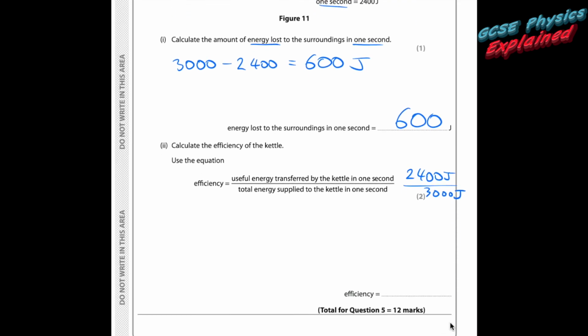And that comes out as 0.8. And if we multiply that by 100%, that would equal 80%. Might have been better just to leave it as 0.8 since they didn't ask for it as a percentage.